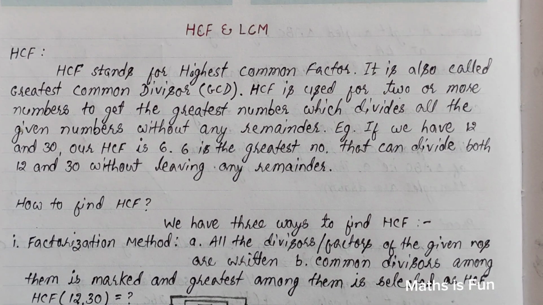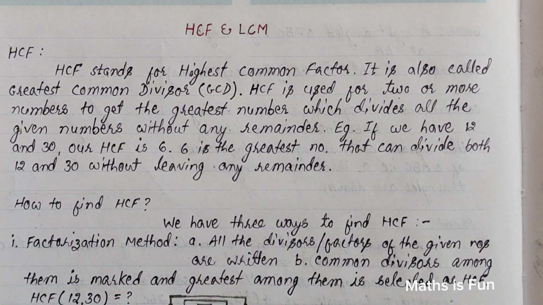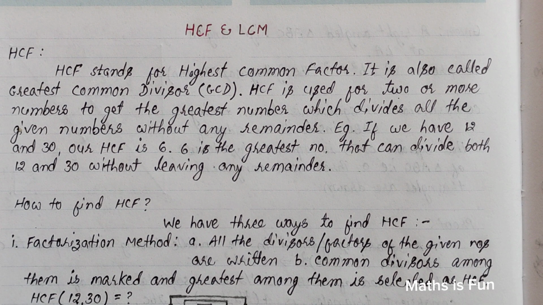To make it more clear, we have numbers 12 and 30 in our example. For number 12, there are several factors like 1, 2, 3, 4, 6, 12, and there are also several factors of 30 like 1, 2, 3, 5, 6, 10, 15, 30.